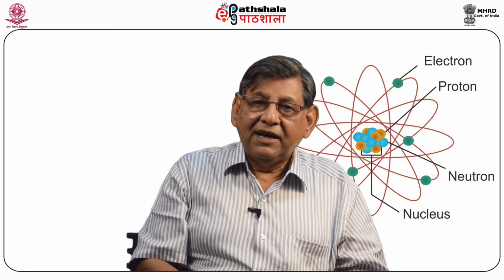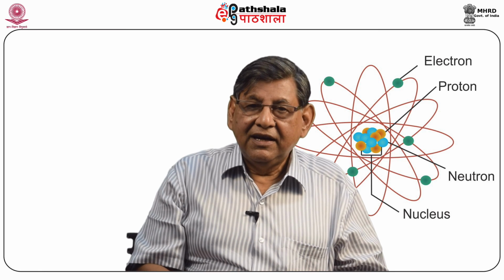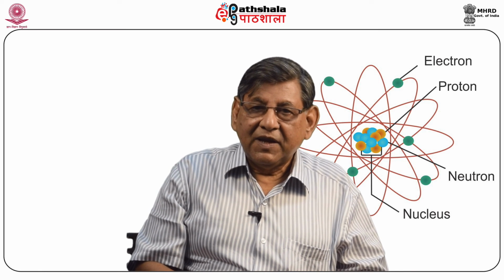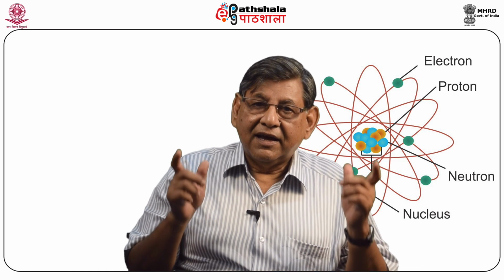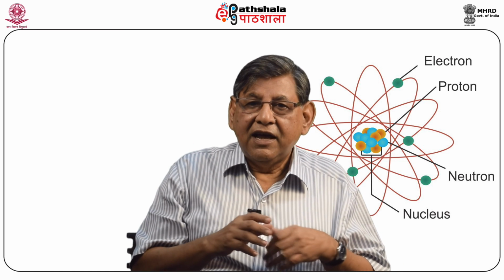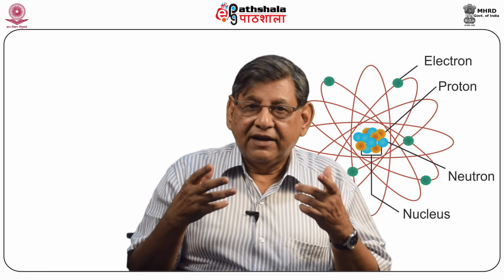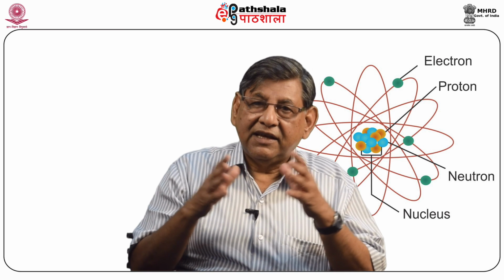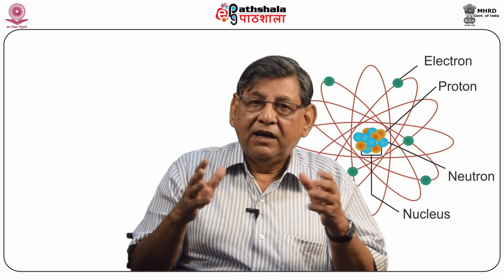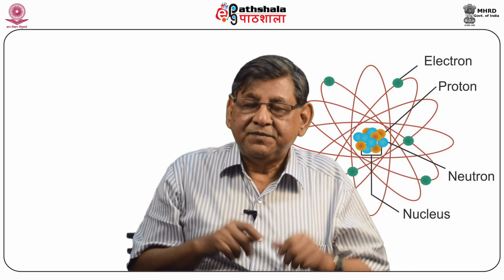And then we have some other series of the hydrogen atomic spectra. Those are the Lyman series and Paschen series, which are outside the visible region. The Lyman series, for example, occurs in the ultraviolet range, and the Paschen series occurs in the infrared range. So these are the spectra in the invisible region of the atom.